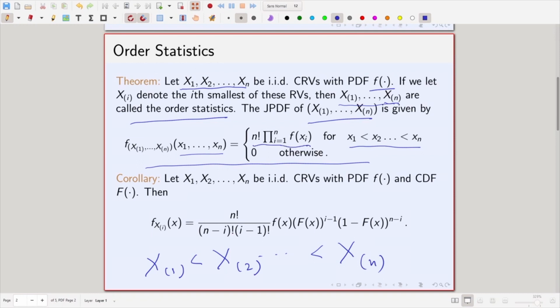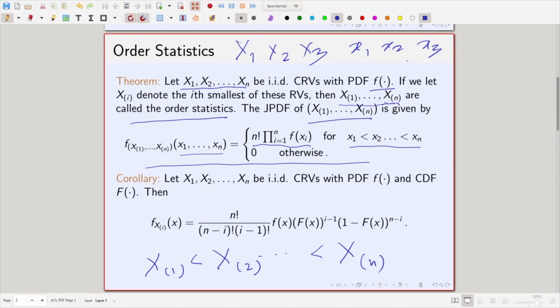Now, we will not prove this theorem, but let me try to explain heuristically why you get this. Suppose instead of xn, let me look at say x1, x2, x3. For any three values, you can permute each of these values, but still when you order them.